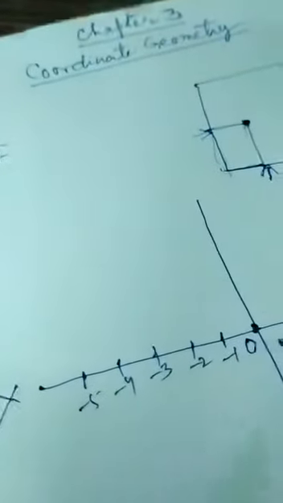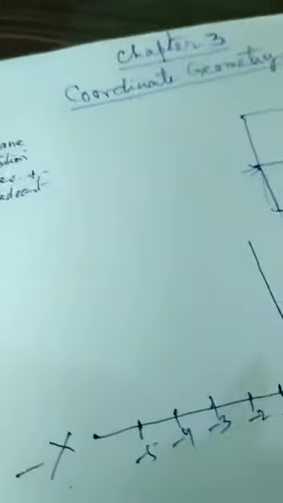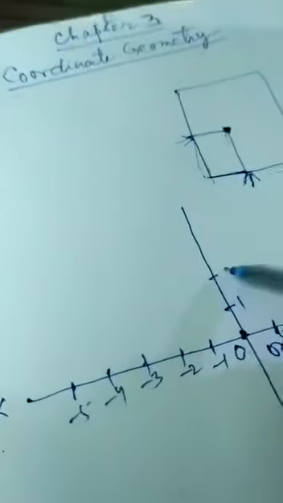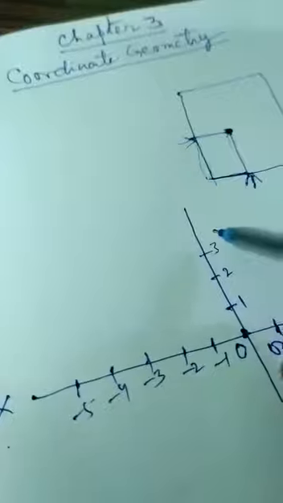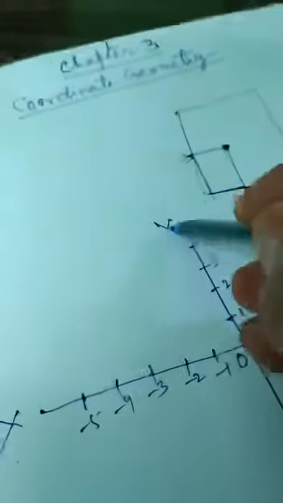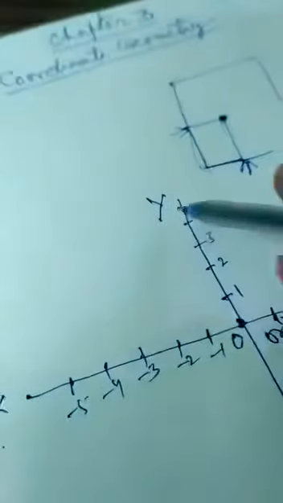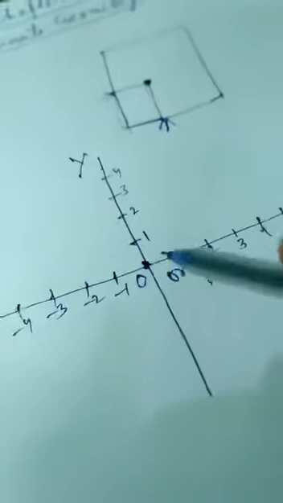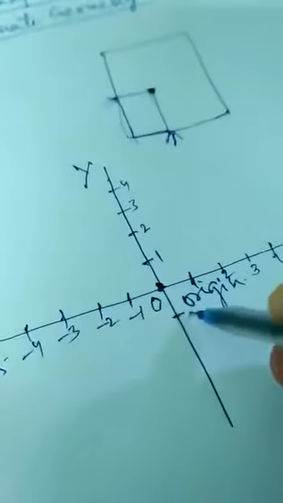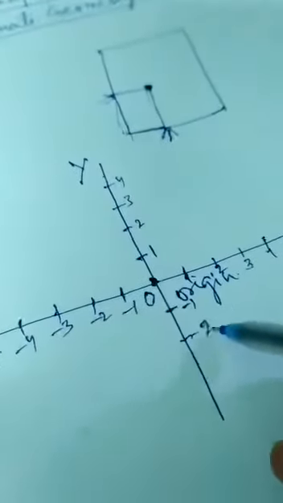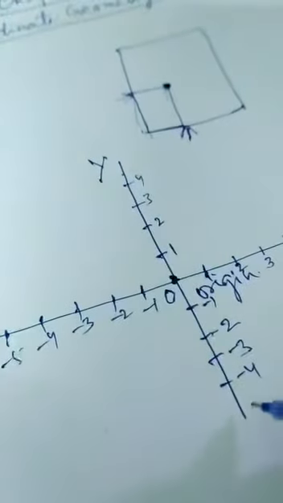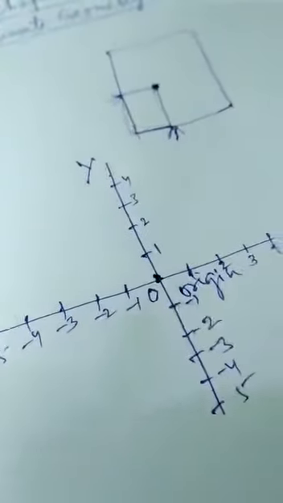This perpendicular line is the y-axis. So take equal distances 1, 2, 3, 4, and so on. This is called the y-axis. The upper side is the positive y-axis, and the lower side from the origin is -1, -2, -3, -4, -5, like this.